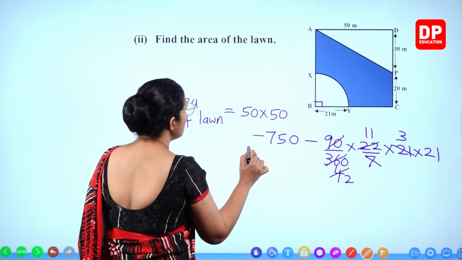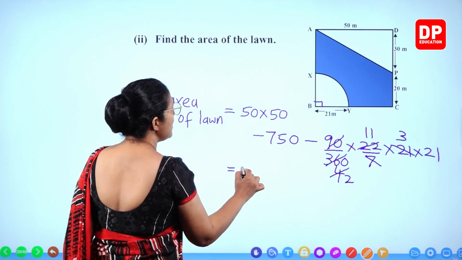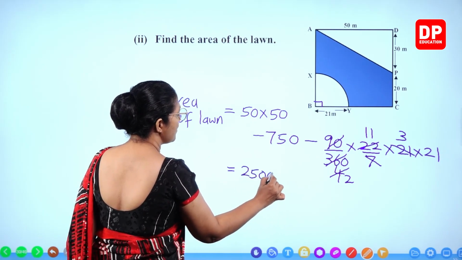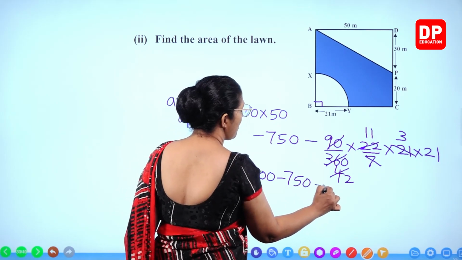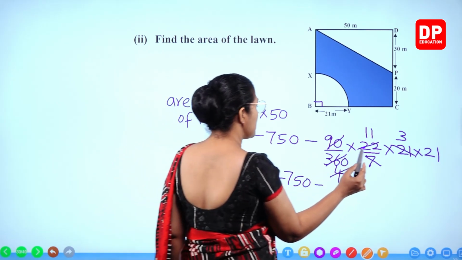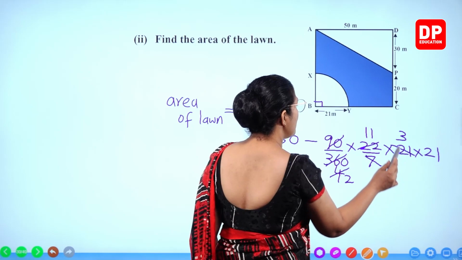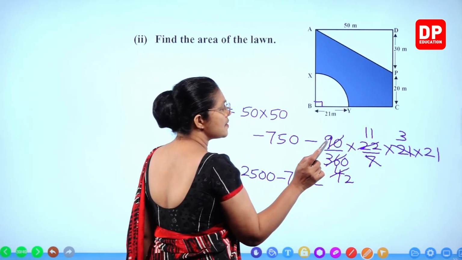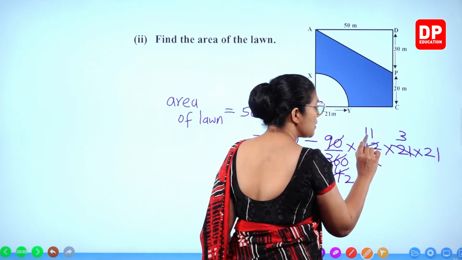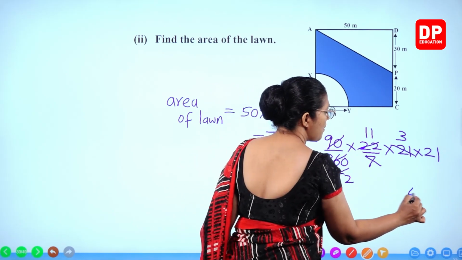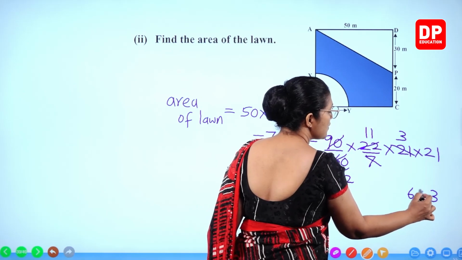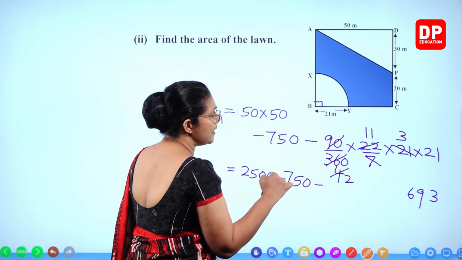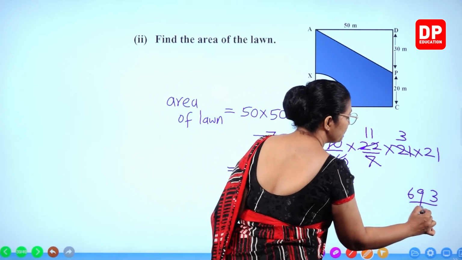So you get 50 into 50 is 2500. Minus 750. Minus, what's the answer here? 3 times 21 is 63. 63 multiplied by 11. You separate out 6 and 3 and then add these two. 6 plus 3 is 9. 693. Divide by 2.